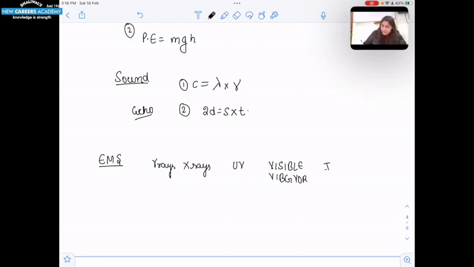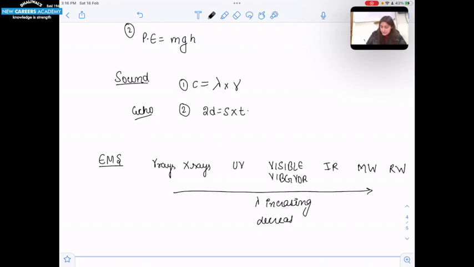Then we have infrared rays, microwaves, and radio waves, and they are in order of their increasing wavelength and decreasing frequency. The wavelength range for Vibgyor is 400 nanometers to 700 nanometers.